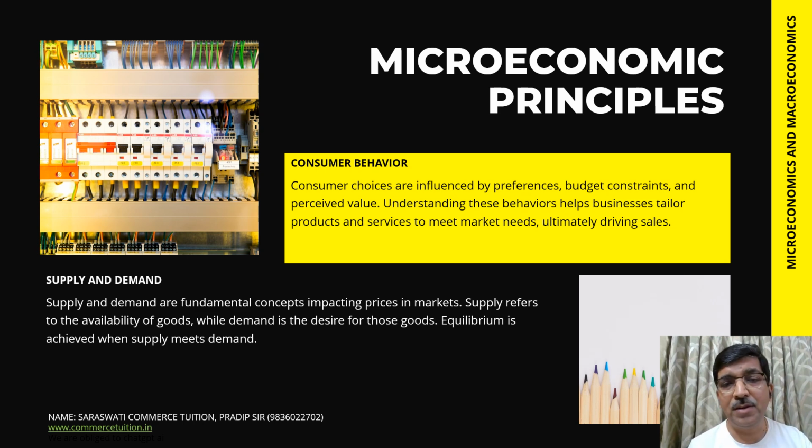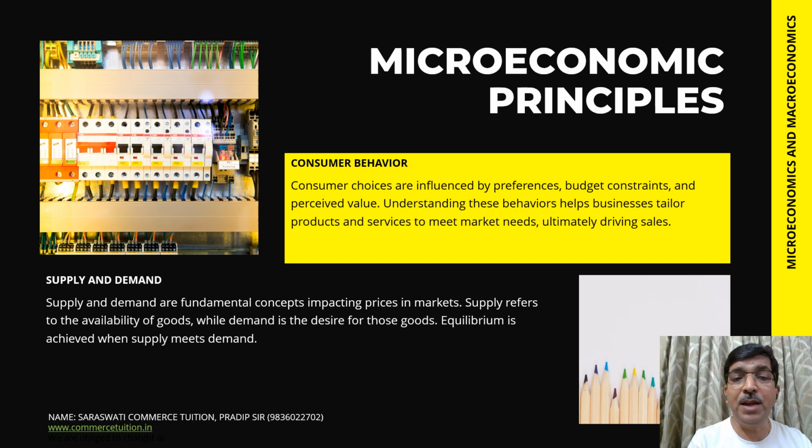And supply and demand. Supply and demand is our basic concept of microeconomics, a fundamental concept that impacts prices in markets, because based on supply and demand, the market price will be settled. Supply refers to the availability of goods, how many goods are available in the market, while demand is the desire for those goods.